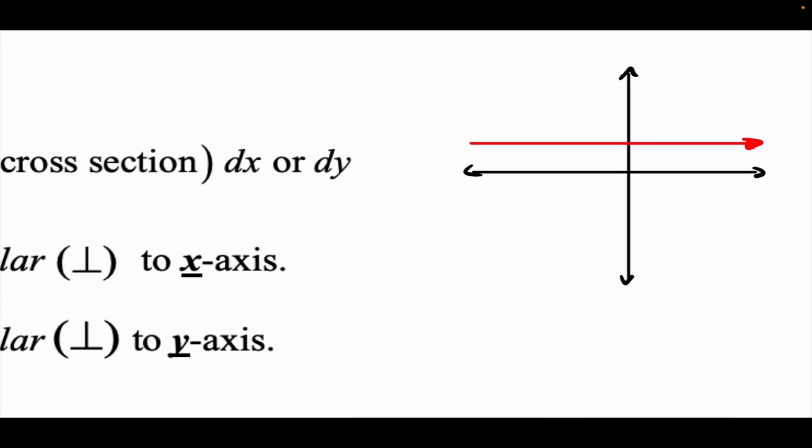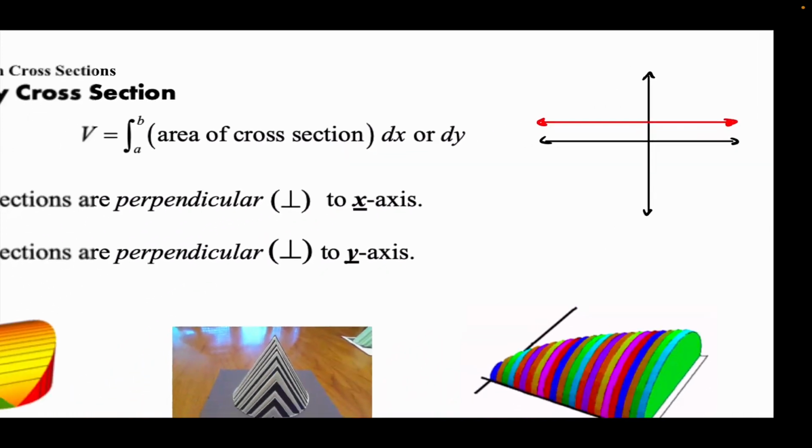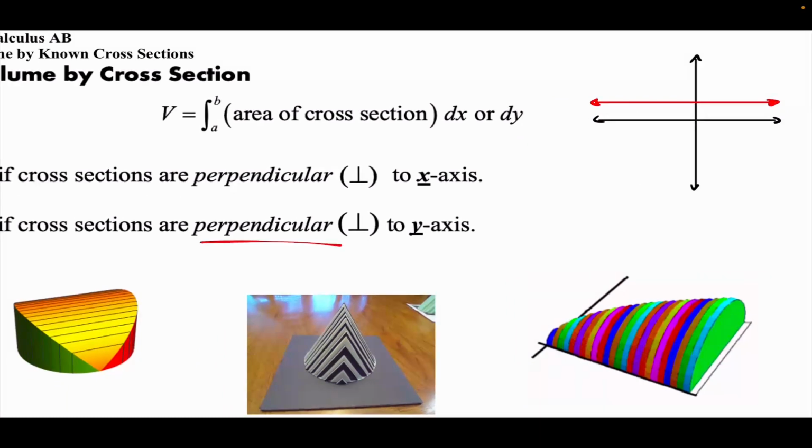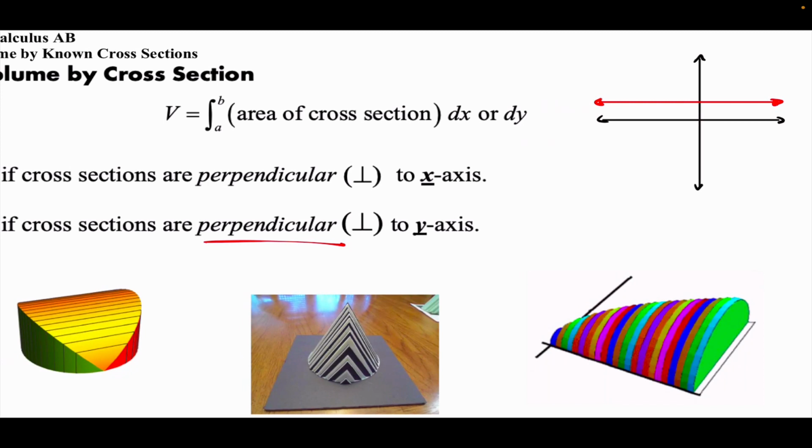The red is perpendicular to the y-axis, right? To be perpendicular, you have to cross at 90 degrees. So the red line crosses the y-axis at 90 degrees.